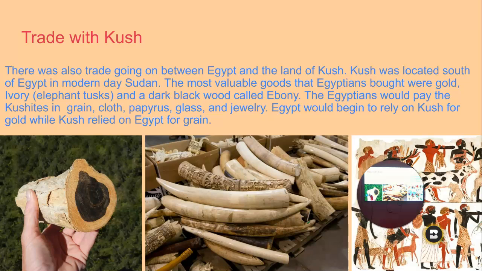Thank you. All right. So, what do we need from this slide? Okay. Egyptians would pay in grain, cloth, papyrus, glass, and jewelry. And I'm leaving the Cushites off because that's also what they used to pay in Mesopotamia. Yes.